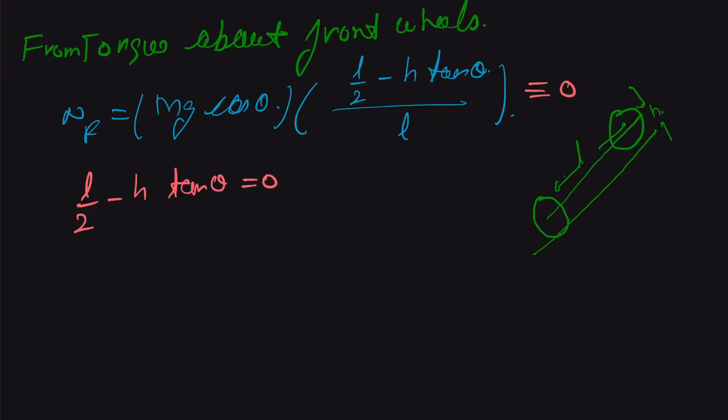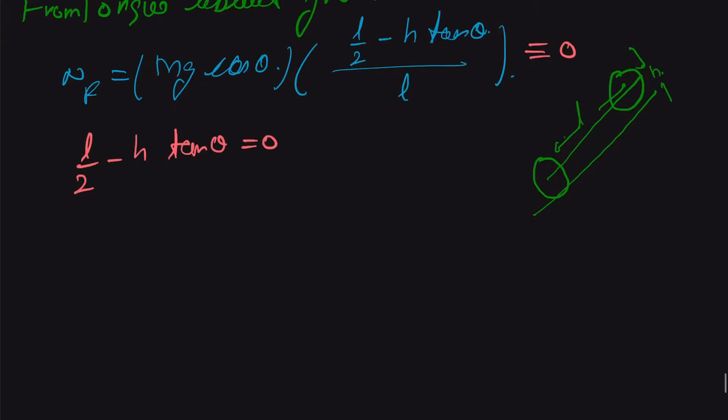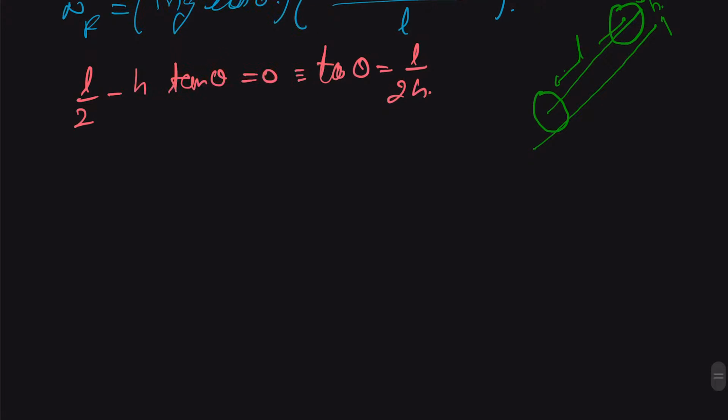Therefore from here we can find out our theta. So we can say our tangent of theta will be equal to L upon 2H. Therefore the tipping angle theta, let us call this theta tip, will be equal to tangent inverse of, this length is given as 0.08 and height is given as 0.02.